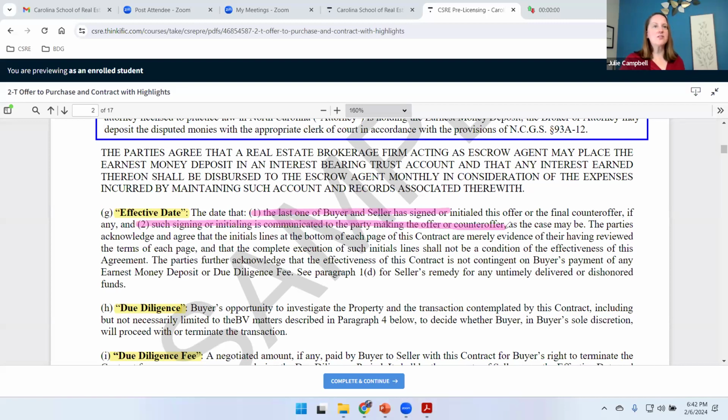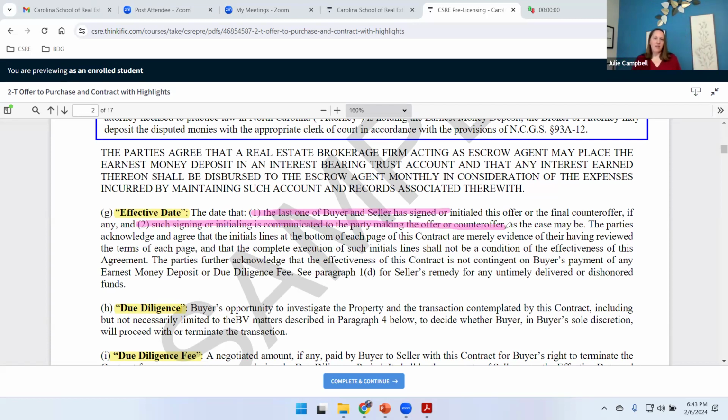What are our two musts? We must have the last offeree sign or accept, and then that communication must cross the line. That is our effective date. That's the date that this contract became effective. And the contract spells out for us that we have to have those two things.